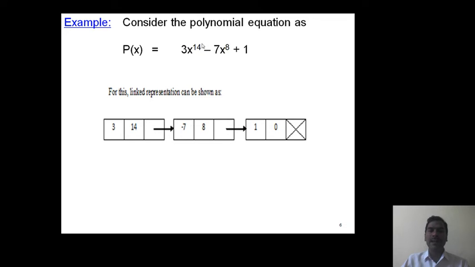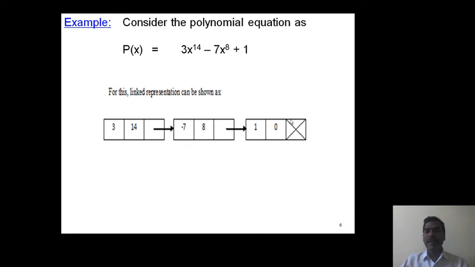For the first element, coefficient is 3, exponent value 14. The link part shows the address of the next element. For the next element, minus 7 is the coefficient value, 8 is the exponent value, and the link part holds the address of the next node.